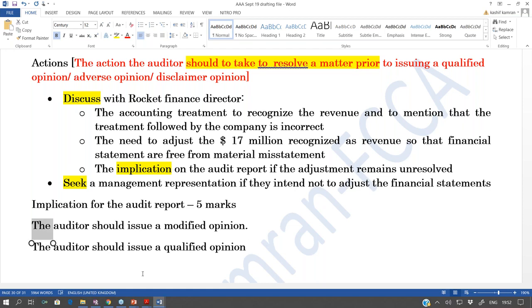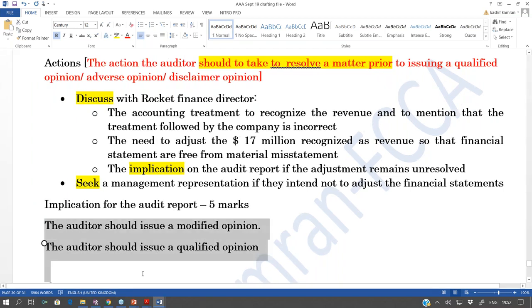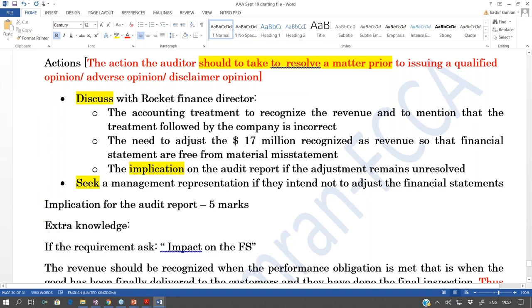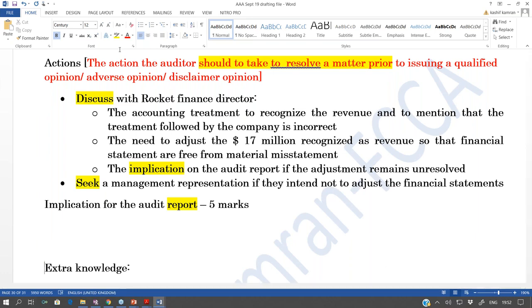Now, when the examiner says implication for the report, try to understand that report is a big word here. Did you see in the December 14 paper that the examiner was treating the impact on the opinion and the report as two different things?